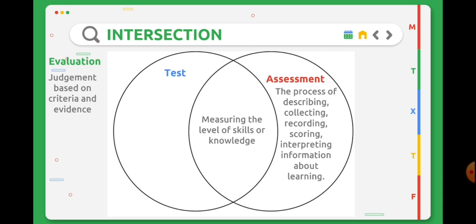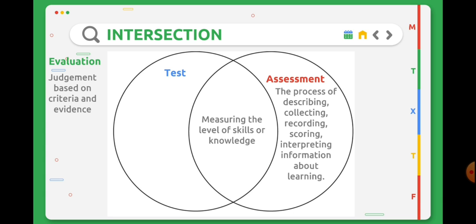How are evaluation, test, and assessment related and different from one another? Let's see. Testing and assessment are similar in terms of measuring the level of skill or knowledge that has been reached. Now, let's see assessment and evaluation.